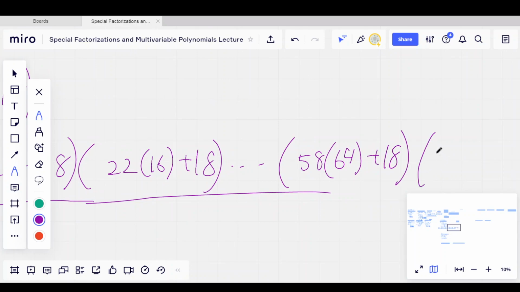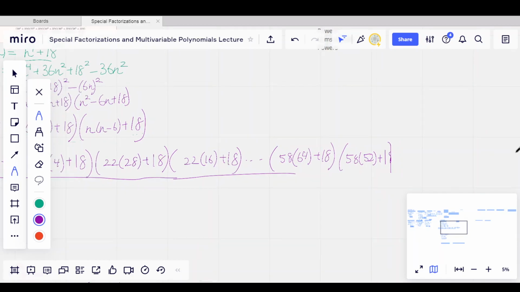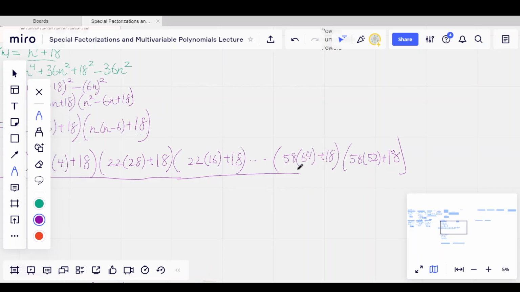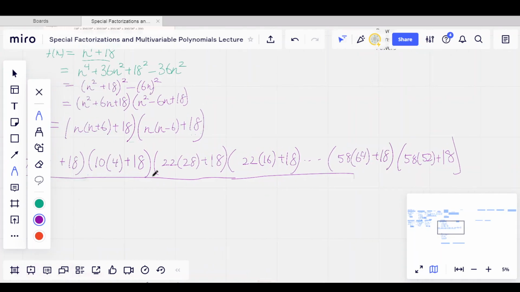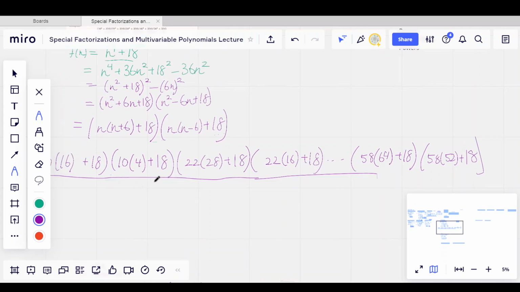And then we just subtract 6. So 58 times 52 plus 18. Okay? It's a little hard to see which terms cancel, but when we write the denominator, it will be a lot clearer.